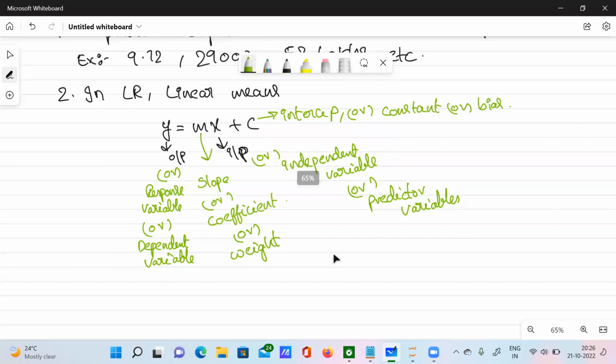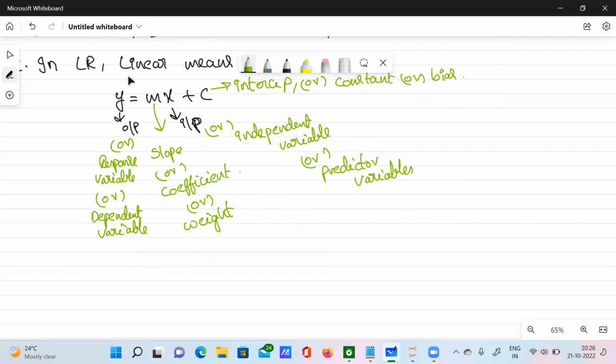But did you ever wonder what is the linear here in linear regression? See, y is equal to mx plus c. All the independent variables and coefficient parameters are raised to the power 1 here.